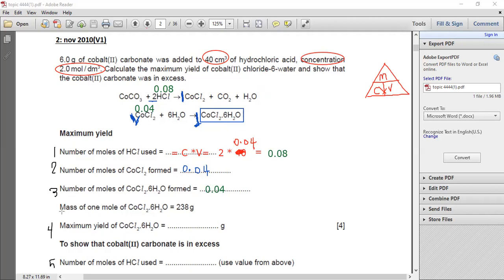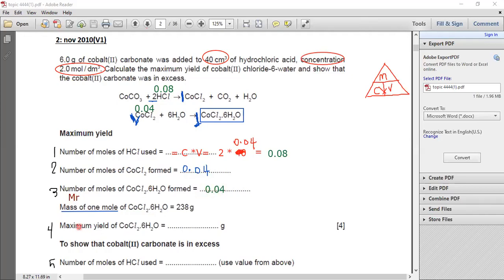Mass of 1 mole. I said before, mass of 1 mole. What does it mean? Who can tell me? Mass of 1 mole, what does it mean? MR. Here you have MR. And here you have a number of moles.